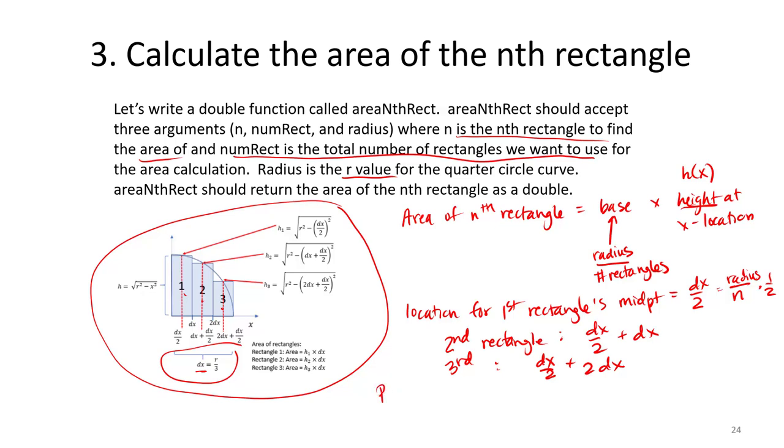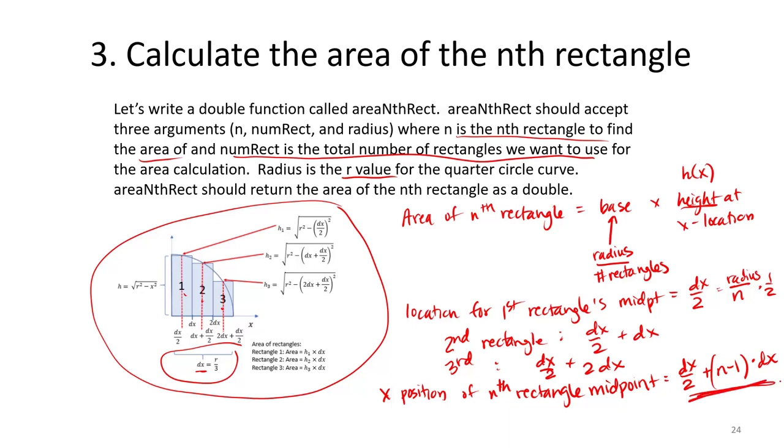So notice the x position of the nth rectangle's midpoint is equal to dx over 2 plus, basically, n minus 1 times dx.